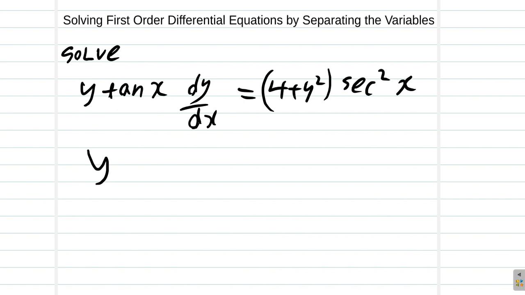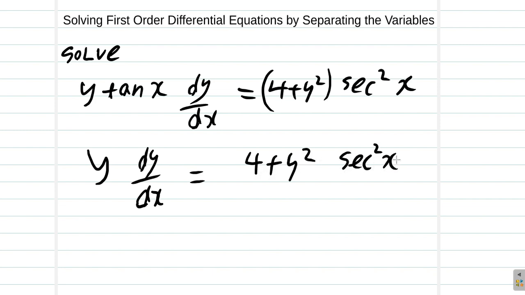So you should see that the tan x would be gone, and you have dy/dx equals, and you divide this by tan x as well: 4 plus y squared sec squared x, and this would be over tan x.